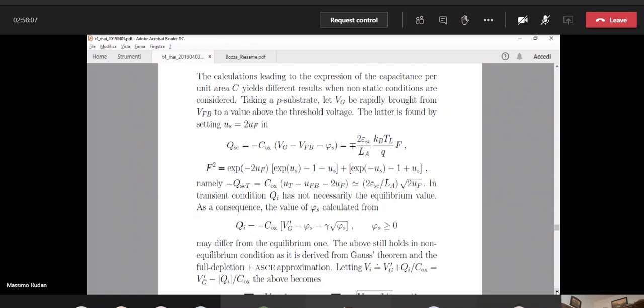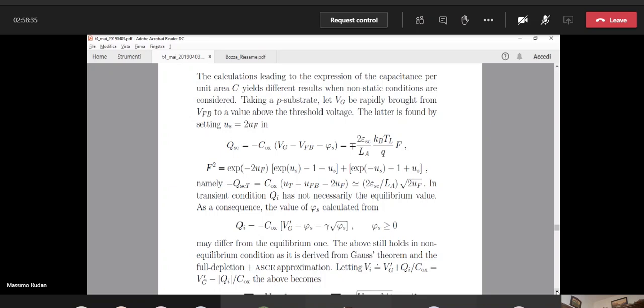So what happens in dynamic conditions? Let's assume a simple situation in which we have initially an MOS capacitor in the flat band condition.